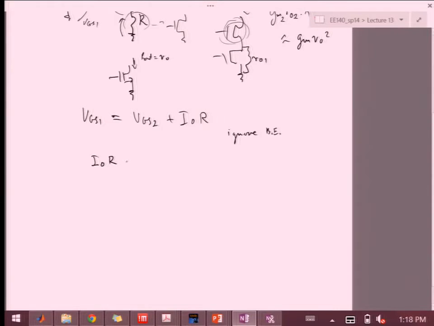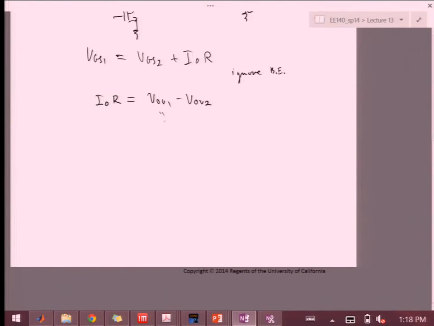So I only have IoR equals VOV1 minus VOV2. These are just the overdrives. And the overdrives are proportional to a square root of the current.